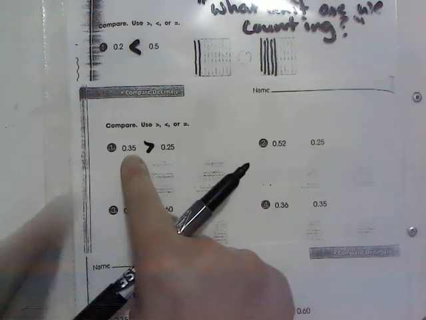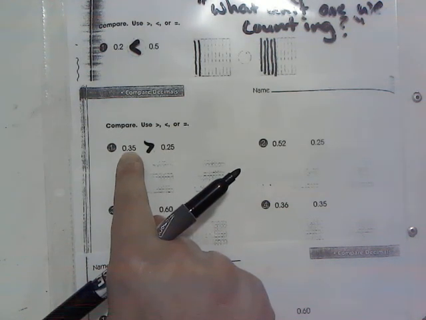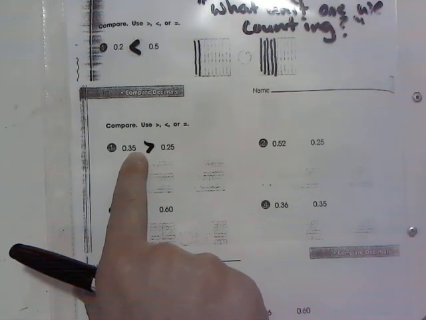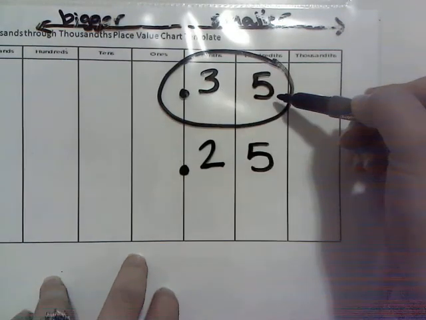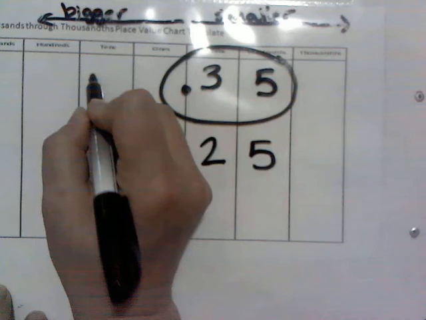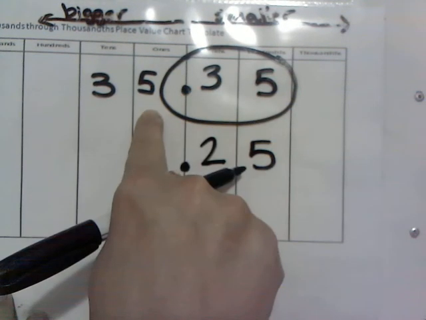Now think about how you would say this number if I just went in standard form. I see 3/10 and 5 hundredths. Well, I want to say this together. If I wrote this number here, you would say, oh, Miss Olson, that means 35.